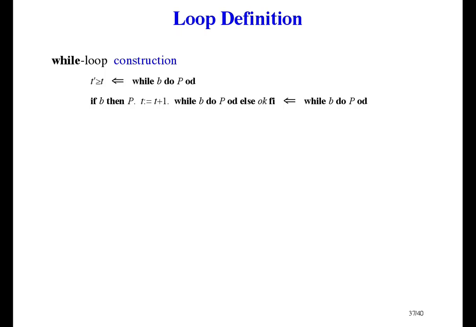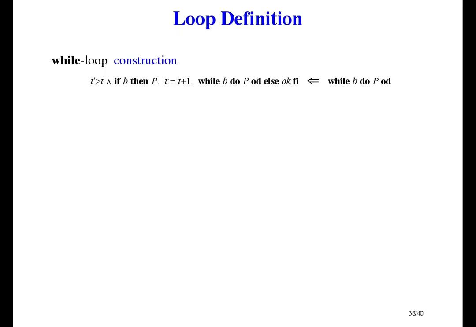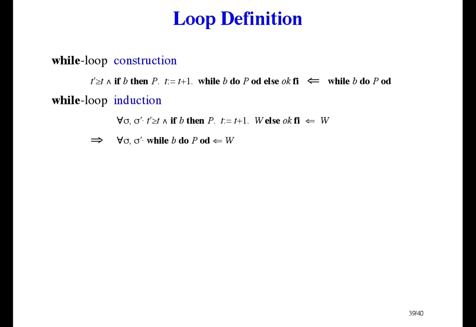The time increase and placement depends on your choice of timing policy. We can write these two axioms as a single axiom like this. And that helps for writing the induction axiom, which says that of all specifications solving the construction axiom, the while loop is the weakest. That's ordinary construction and induction.